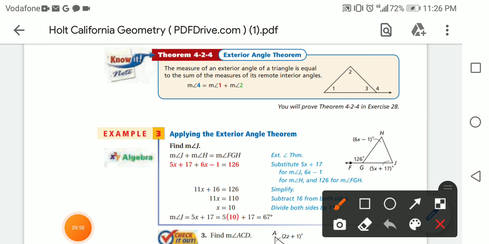I have here measure 4. Can you see measure 4 is equal to measure 1 plus measure 2? So again, measure 4, the exterior angle, is equal to the sum of measure 1 and 2.